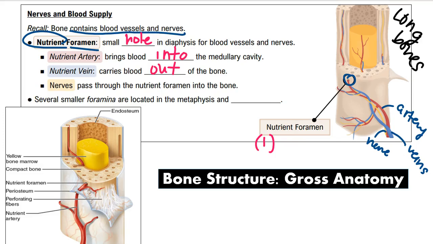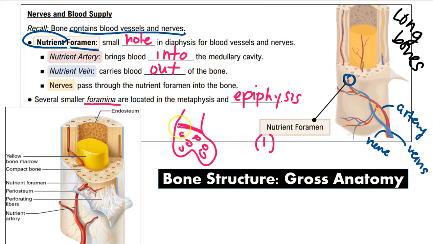And spongy bone is interesting because spongy bone can have smaller little holes that we call foramina, located in the metaphysis and the epiphysis. To reiterate, we know the metaphysis is where the epiphysis and diaphysis meet. So we have our little long bone here. We've got all of our spongy bone.